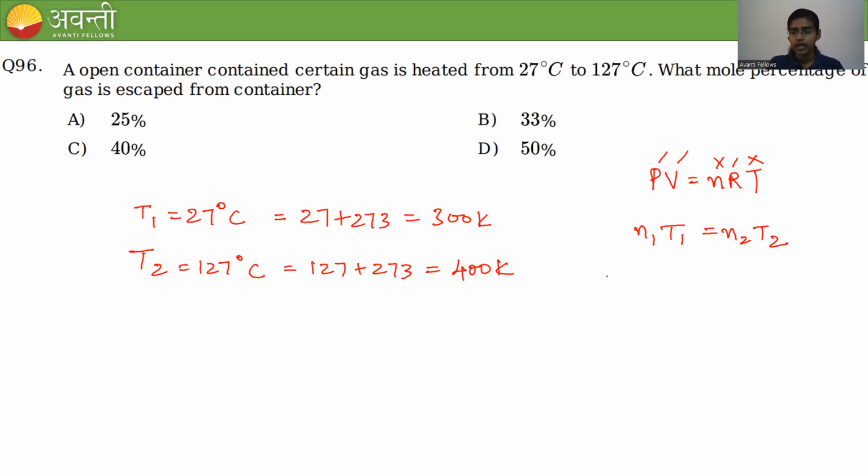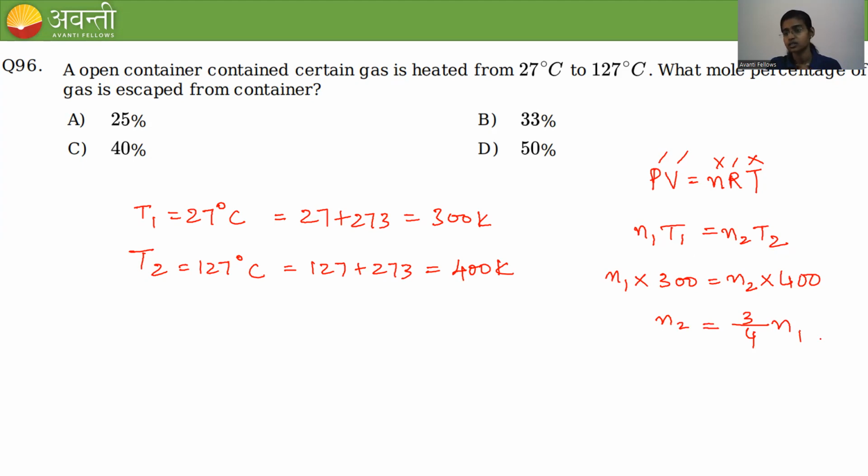Okay. So N1 into the temperature T1, which is 300, is equal to N2 into the temperature 400. So what is N2? N2 is equal to 3 by 4 of N1. What is it? 3 by 4 of N1.